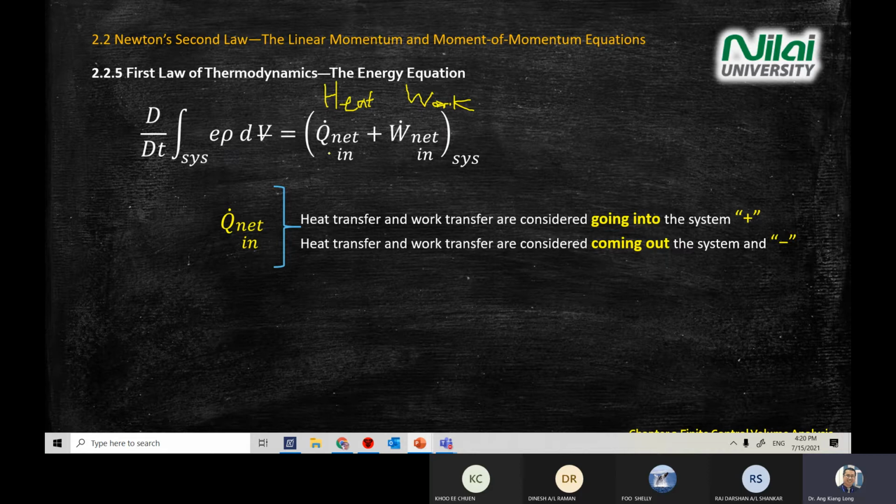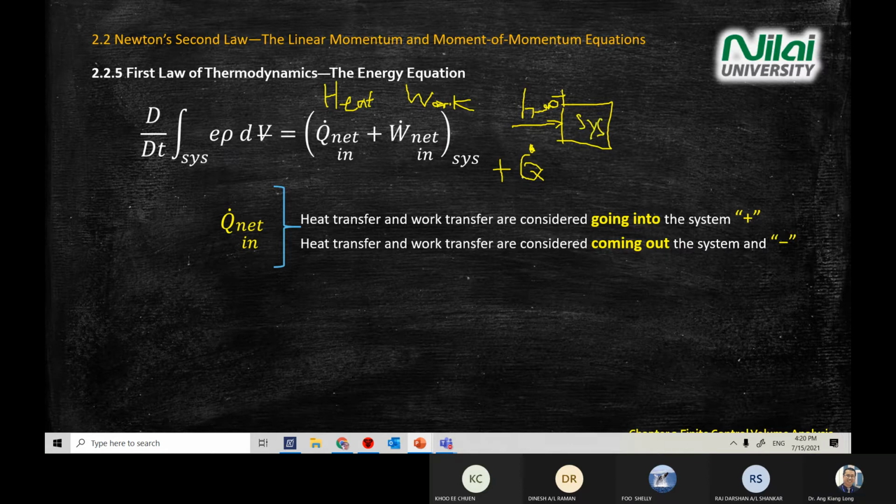What happens if energy goes into the system? If your Q, or your heat, goes into your system, or a statement mentions that heat goes into the system, you straight away write Q dot as positive, because you add something to the system.